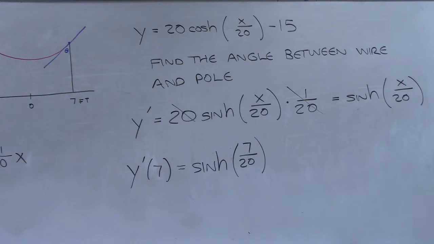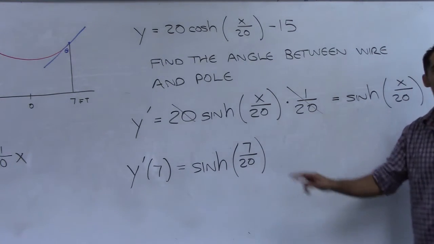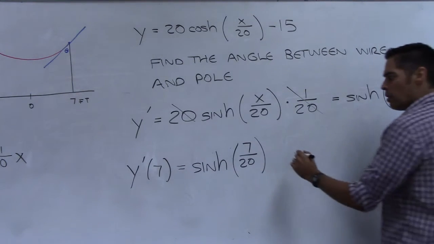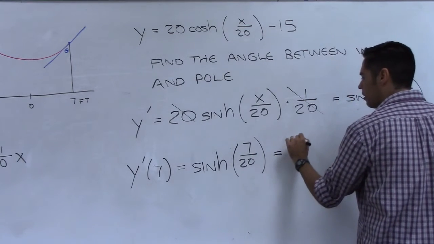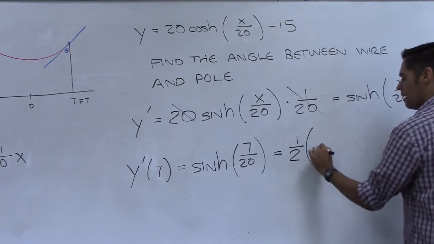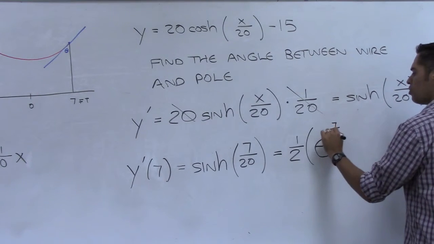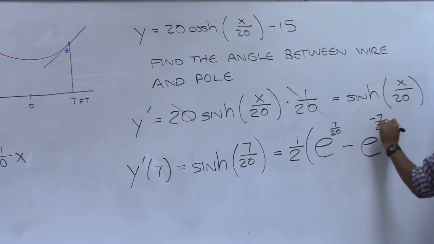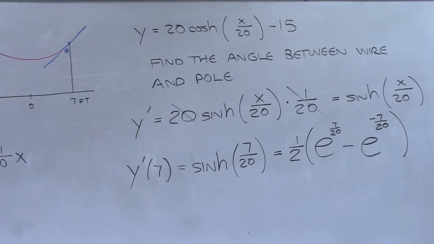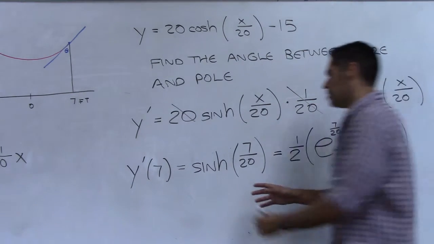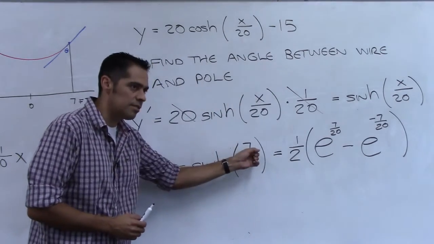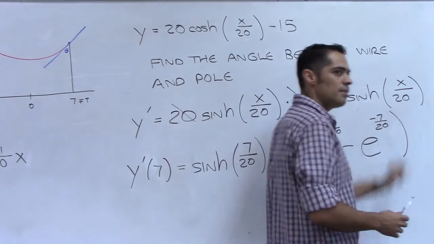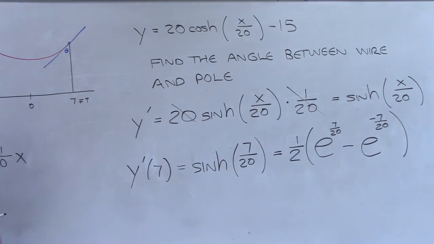Now, your calculators often have the hyperbolic trig functions on them. But let me remind you of another way you could compute this. It would still require your calculator: 1/2 e to the 7/20ths minus e to the negative 7/20ths. This is hyperbolic sine of x, which is 1/2 e to the x minus e to the negative x, replacing x with 7/20ths.